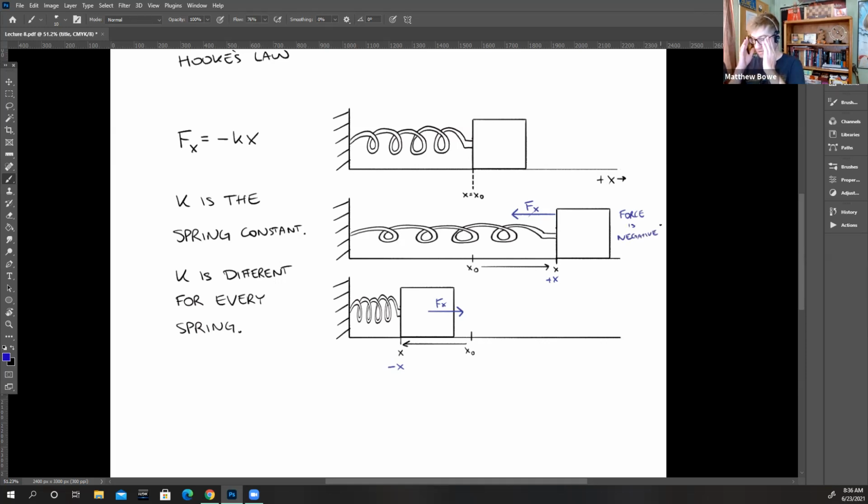It all depends on where we label our coordinate system. That's just me saying to the right is positive, to the left is negative. So if force is negative, that just means that way. On this one down here, the force just happens to be positive.